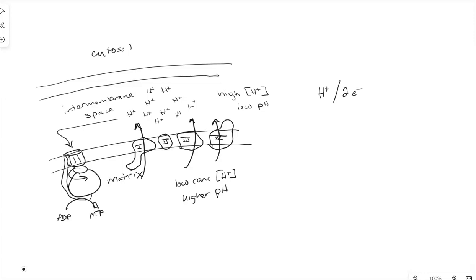So this has been an object of a lot of interest for a long time. And this is the ratio of protons transported per pair of electrons passed through the chain.